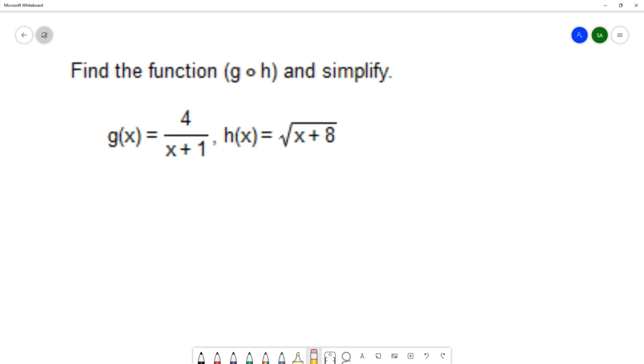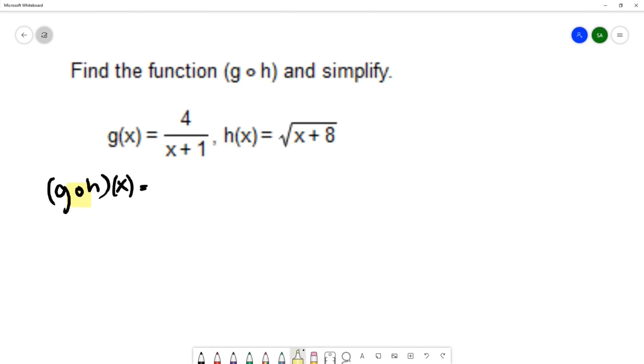In this question, we want to find the function g composed with h and simplify. We're given g of x equal to 4 over x plus 1 and h of x equal to the square root of x plus 8. And we want to find g composed with h of x. Now this operation, I called it compose. It's the operation of composition.